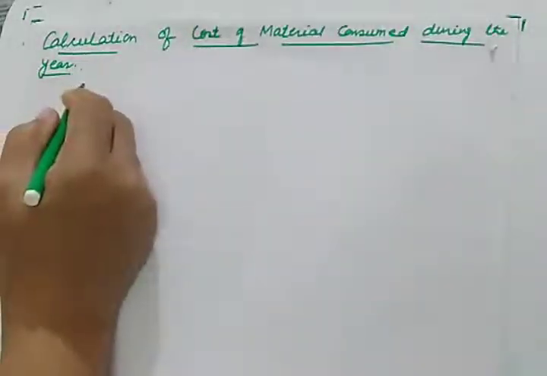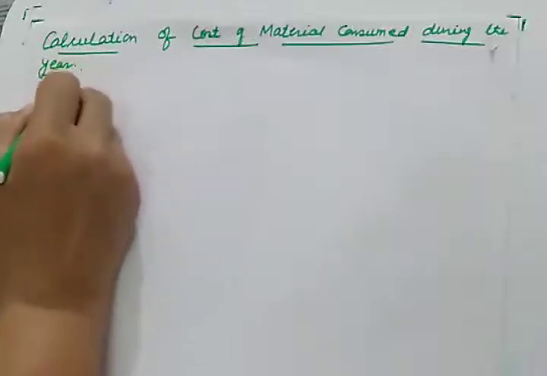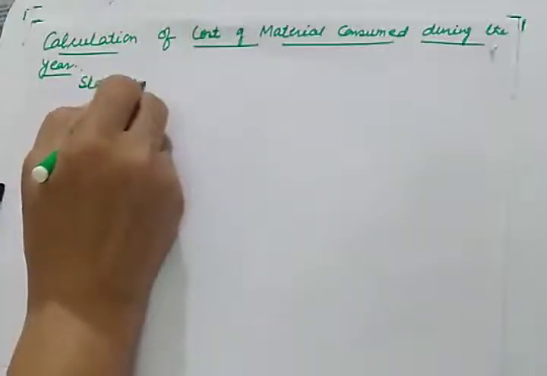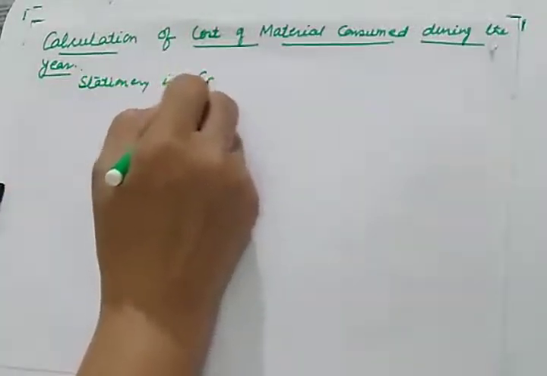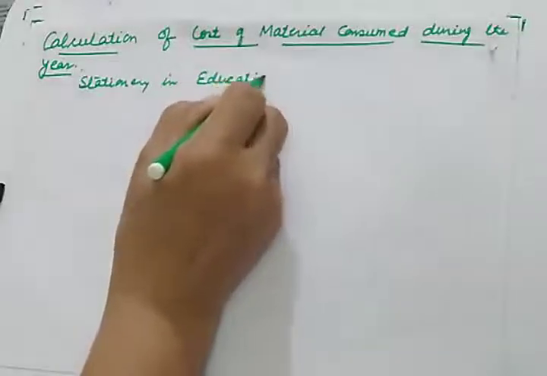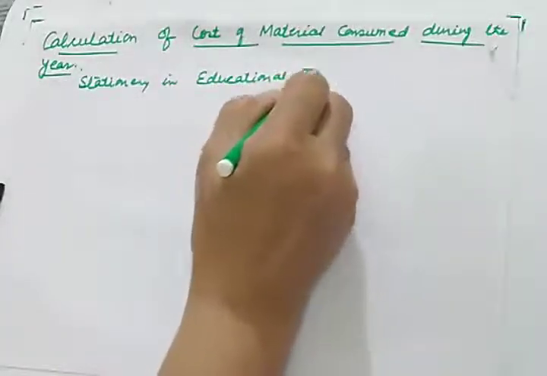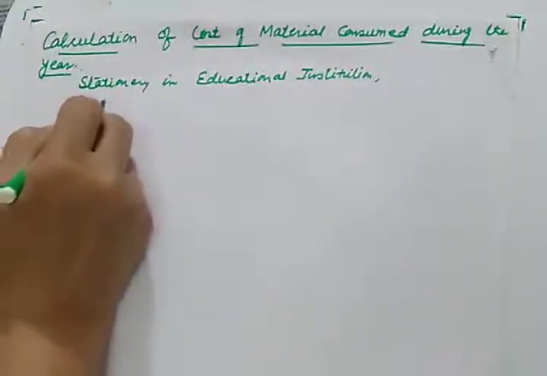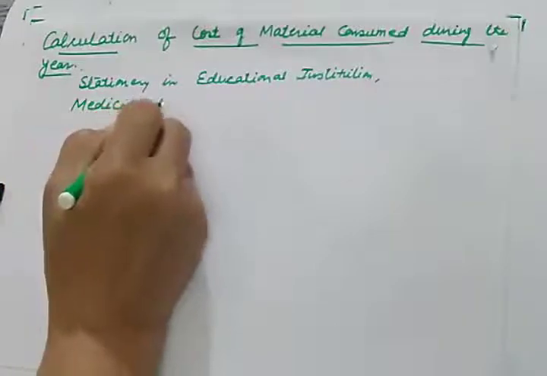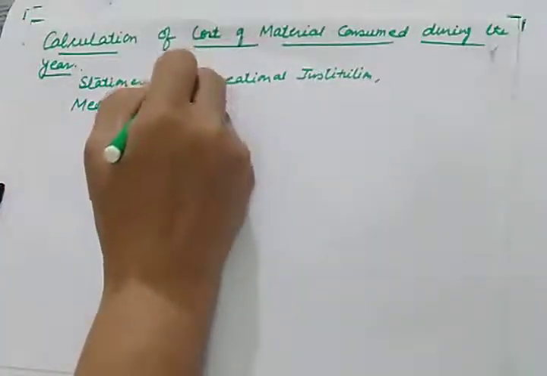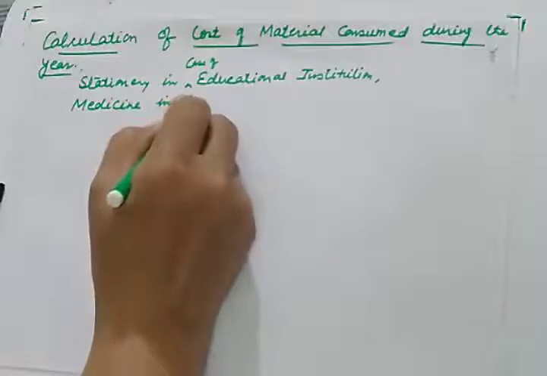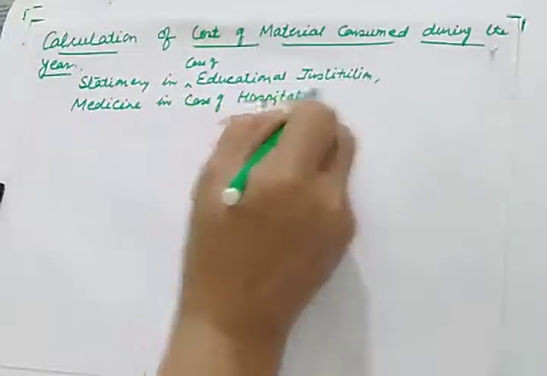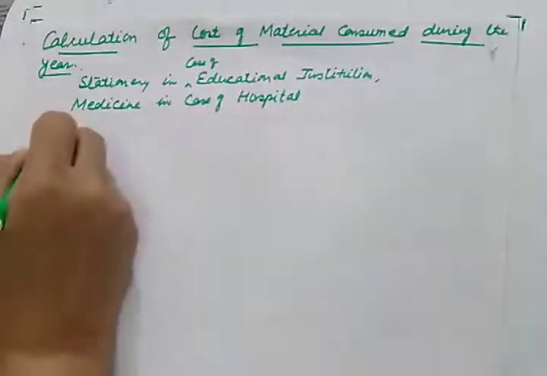So there are some items, for example stationery in case of an educational institution, and likewise medicines in case of hospitals, because all these are types of non-profit organizations.